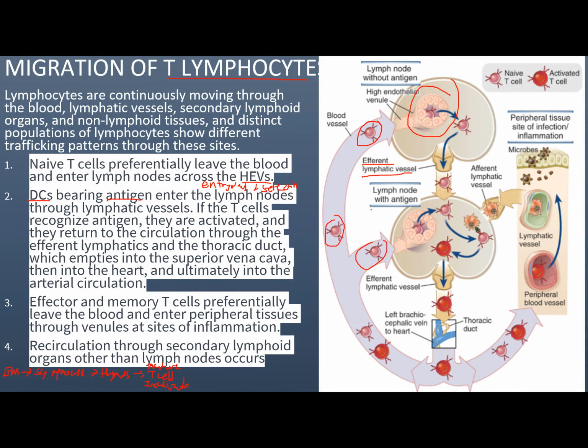Now, if your inactivated T cell encounters this dendritic cell or macrophage, and recognizes an antigen, it would be activated. Do you remember phagocytosis? The MHC molecule takes the remaining molecules of the pathogen, and the dendritic cell or macrophage carries them.